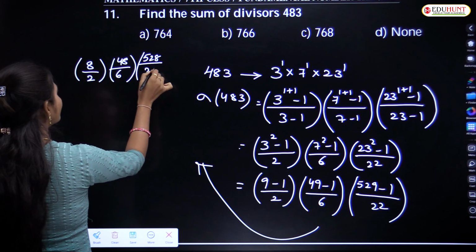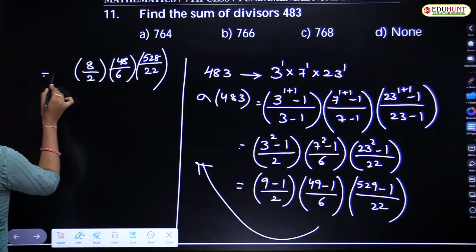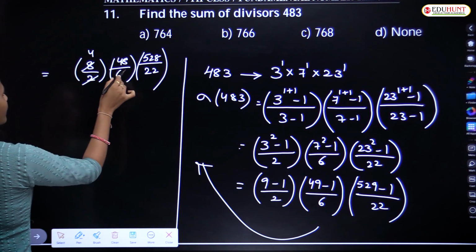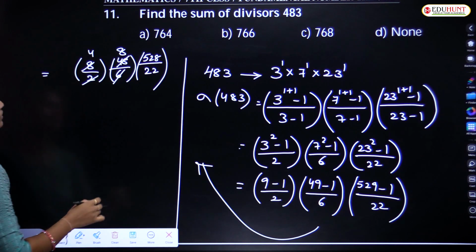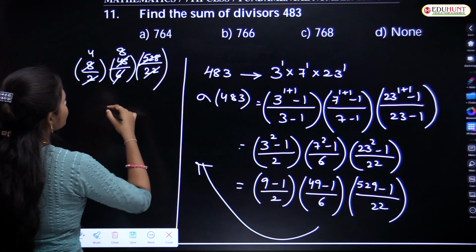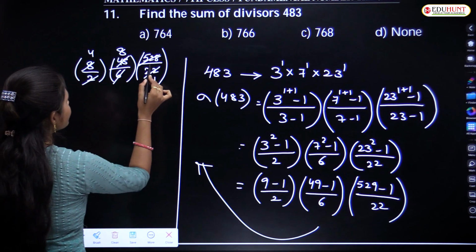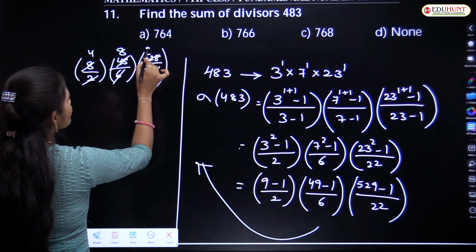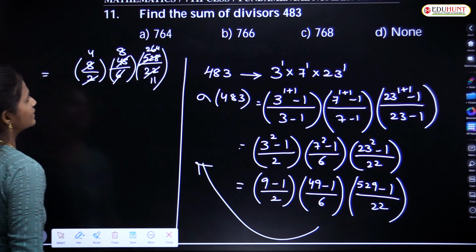Now cancellation. 2 4s are 8, 6 8s are 48. Next, cancellation by 2 is possible. 2 11s are 22, 2 2s are 4, 12 2 6 12, and 2 4s are 8.